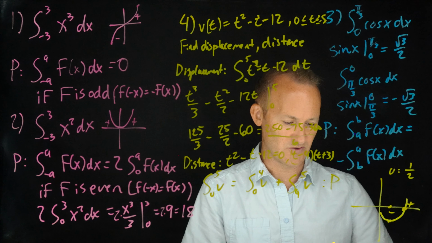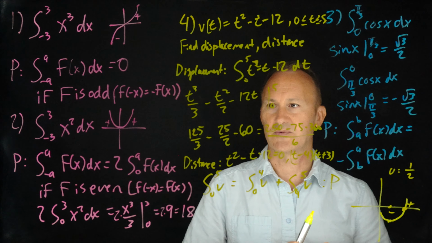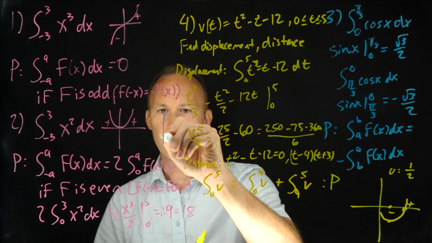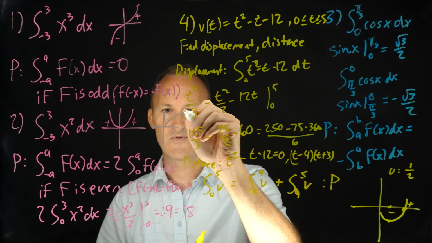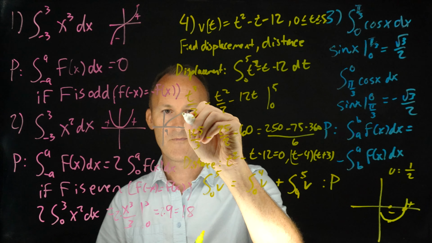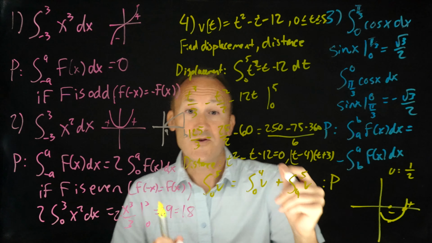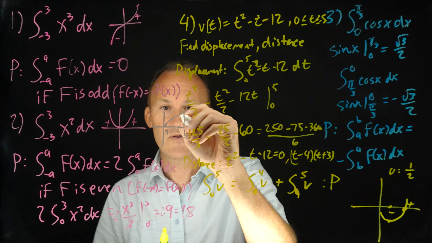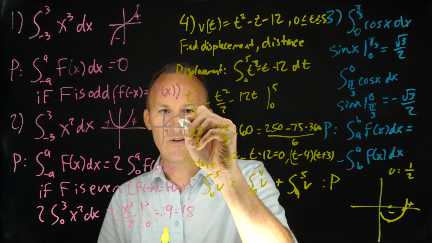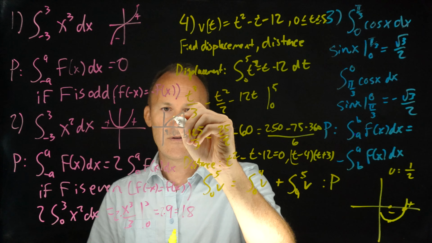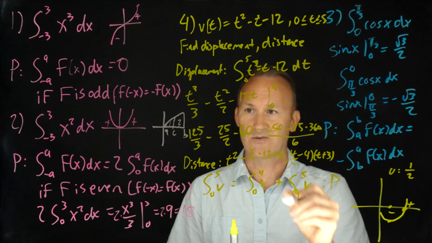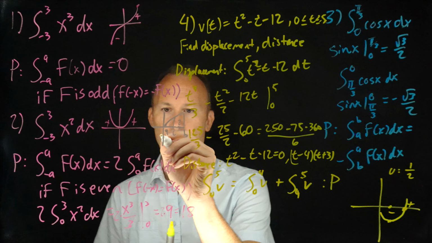So just to look at it in terms of another graph, say I've got some function from a to b. You can divide it anywhere in the middle, right? You can say, well, I'm going to put my c here. It's clear that if you add 1 and 2, you in fact do get the total. So that's what the property is basically saying.